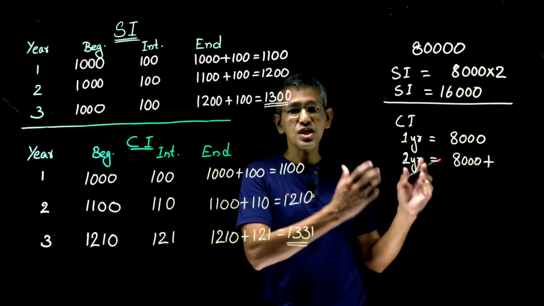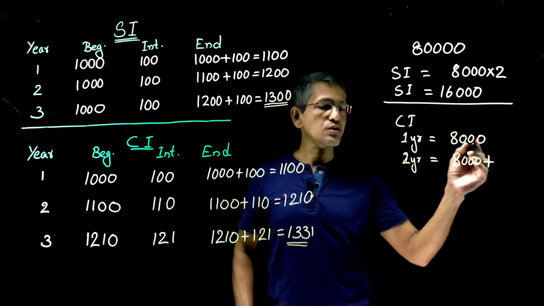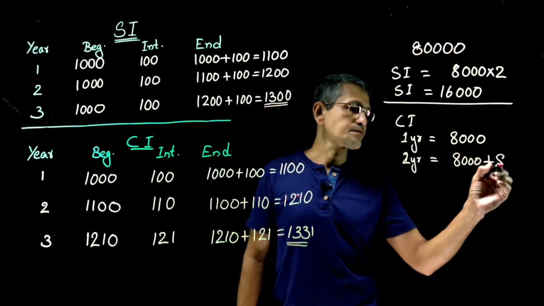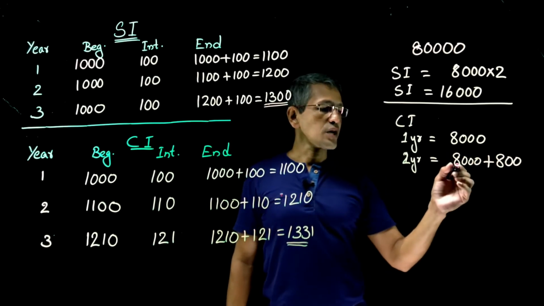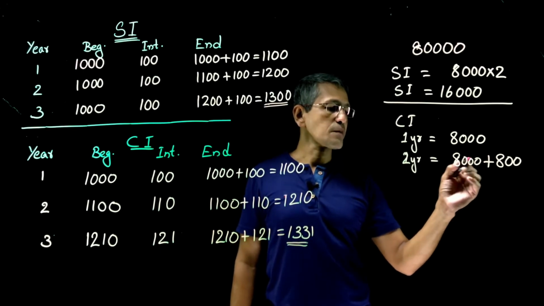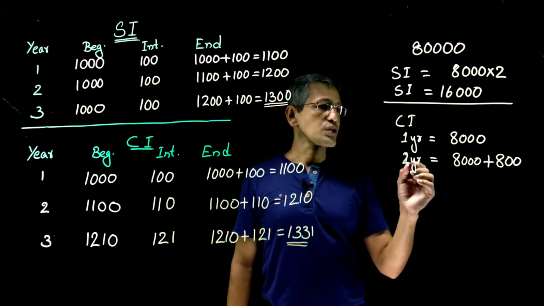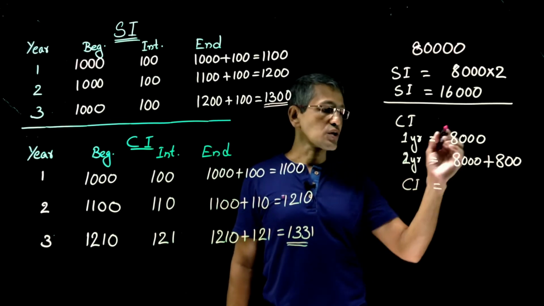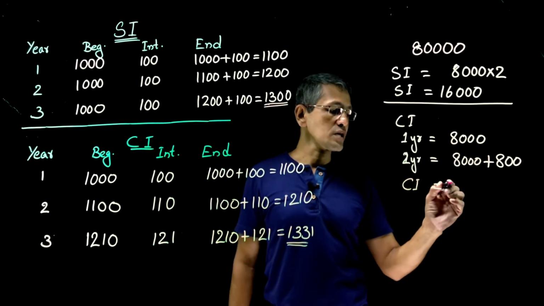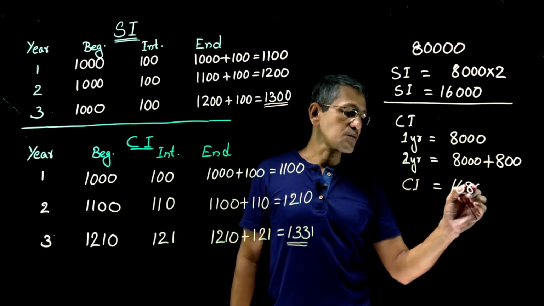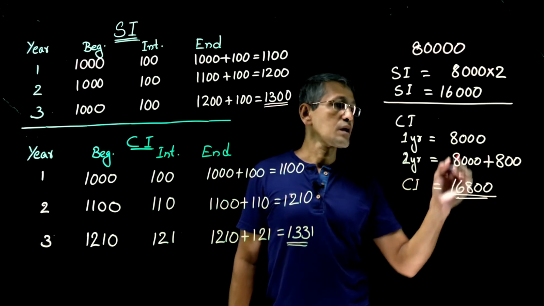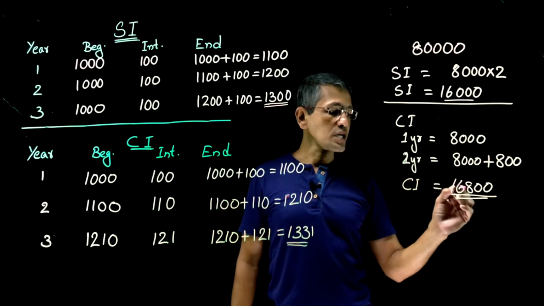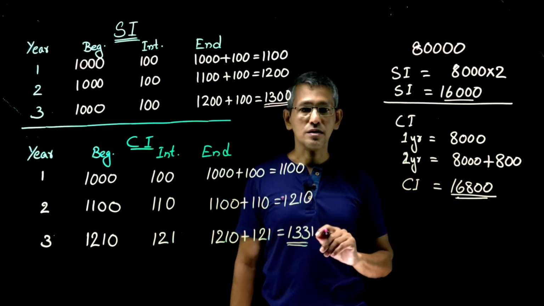So you'll get the interest on interest. So 8,000 rupees, what is the interest? 10% interest on 8,000 rupees is what? 800. So second year, your interest is going to be 8,000 plus 800. So altogether, if it is compound interest calculation, total interest for year 1 and year 2 together is 16,800 rupees.